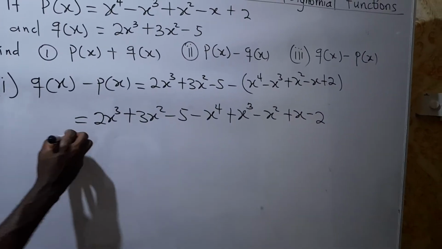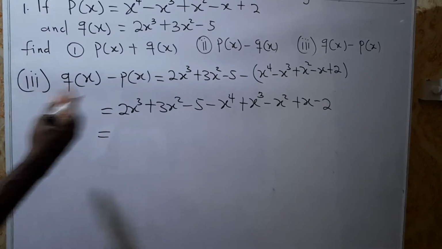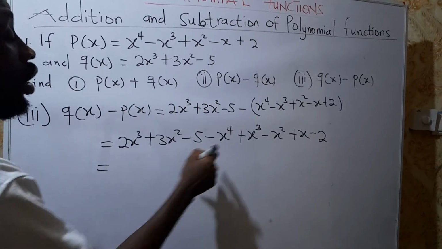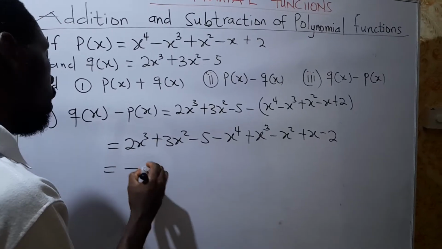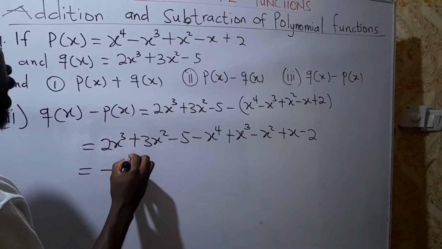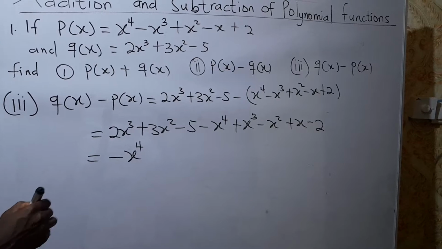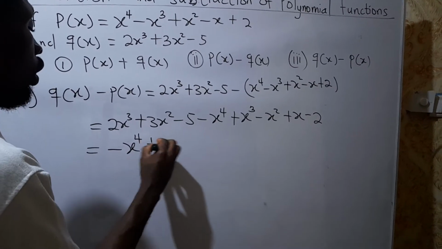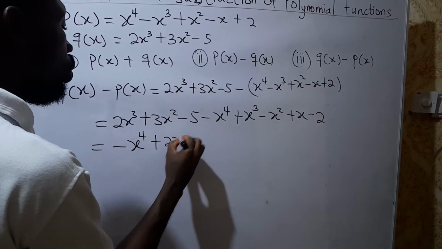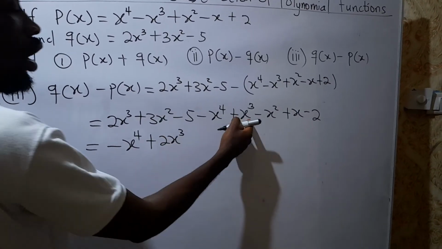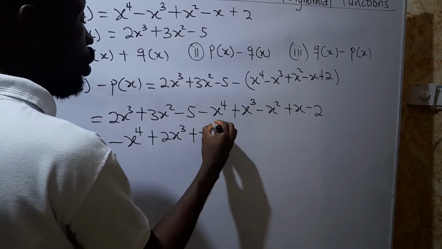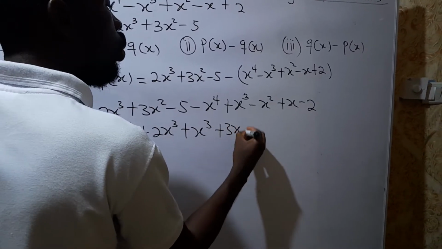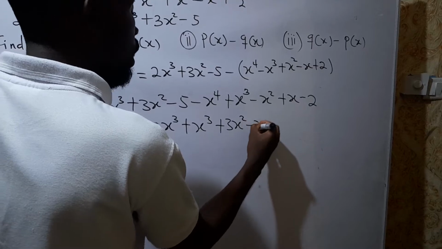What next? We group terms, and we'll arrange them in order of decreasing power. So this is the highest power, so we'll bring it first, minus x exponent 4. Do you have any term like that? No. You have plus 2x cubed, anything? Yes, plus x cubed, then plus 3x squared minus x squared.